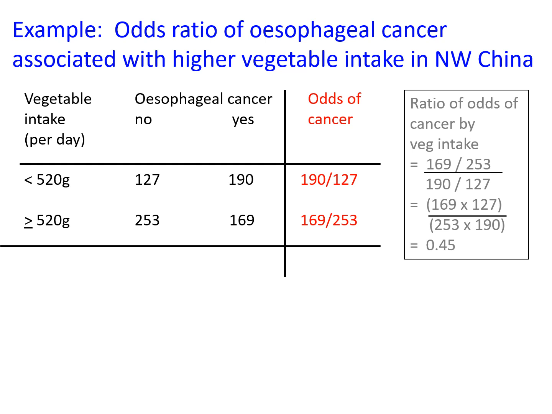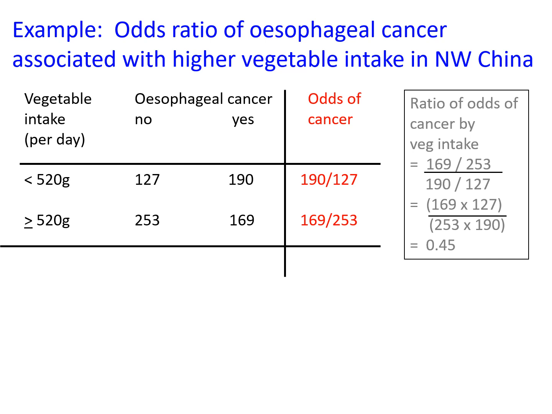Then if you look across the rows, you see in those with the lower vegetable intake, the odds of cancer is 190 over 127. Remember that the odds is the number of people with the disease divided by the number of people without the disease. And then in the second row, those with vegetable intake greater than 520 grams, the odds of cancer is 169 over 253.